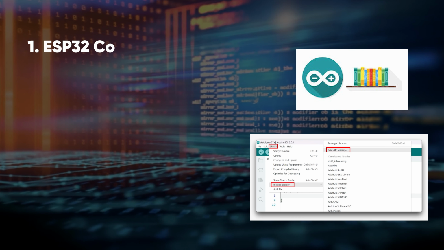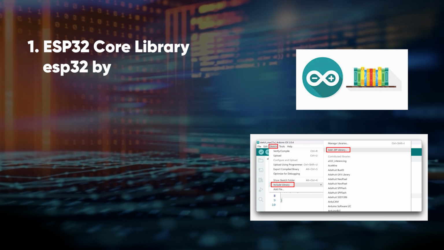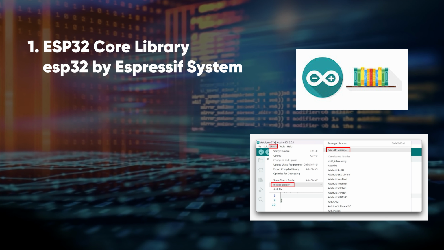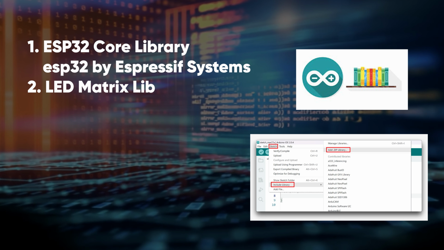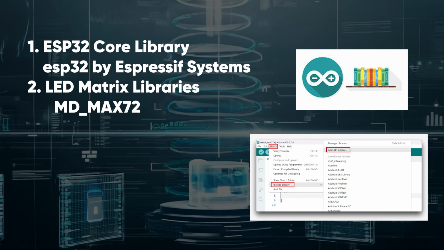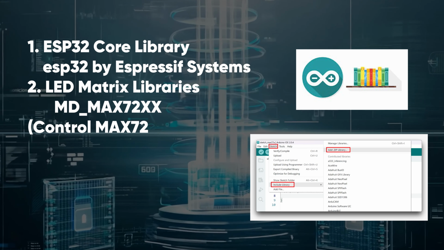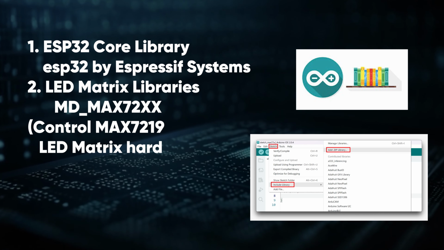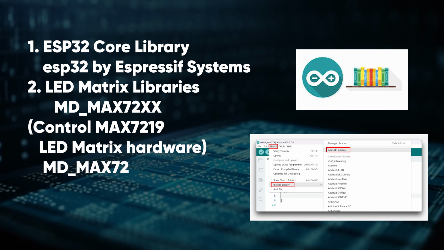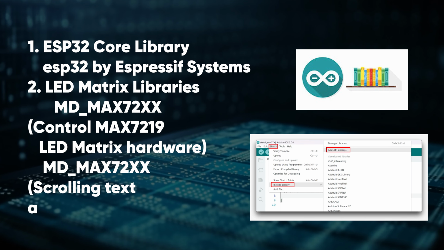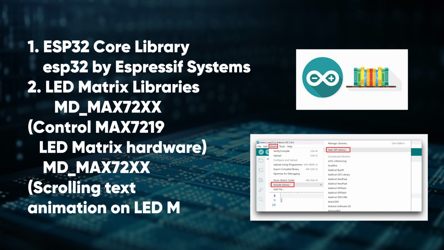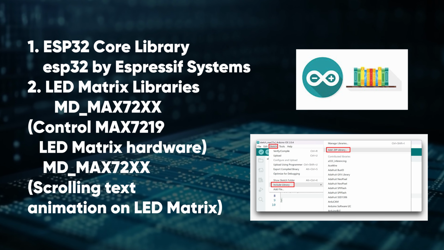Via the board manager: 1. ESP32 core library, ESP32 by Espressif Systems. 2. LED matrix libraries: MD_MAX72XX controls the MAX7219 LED matrix hardware, and MD_Parola provides scrolling text animation on the LED matrix. 3.